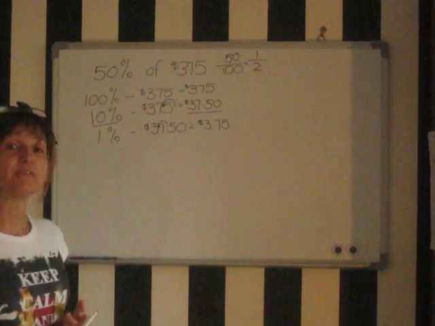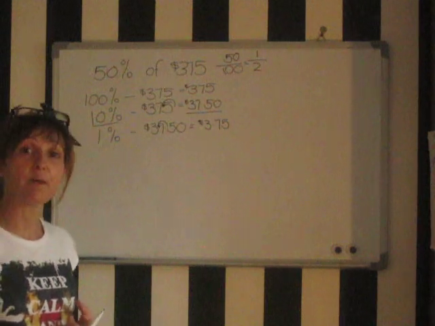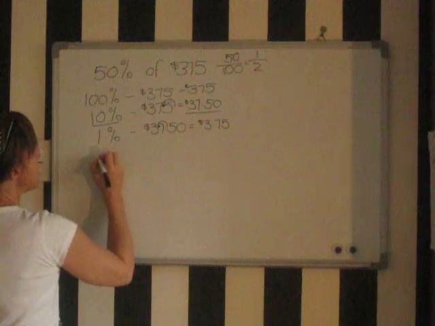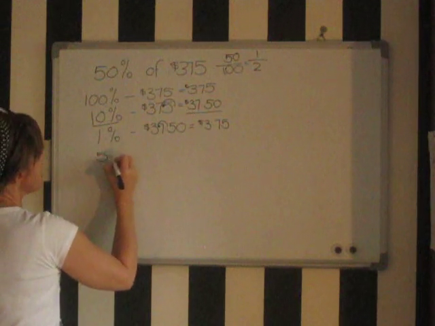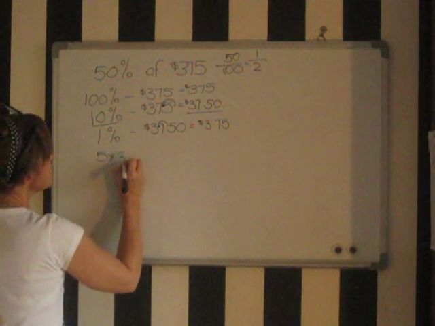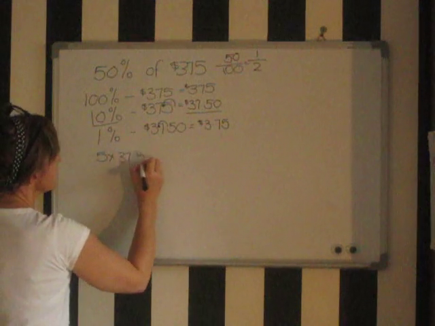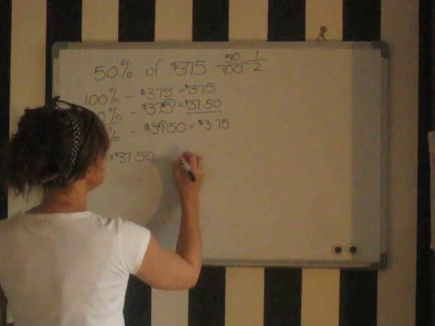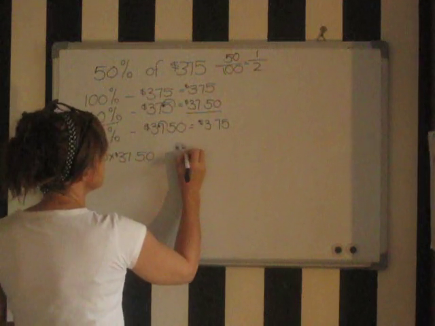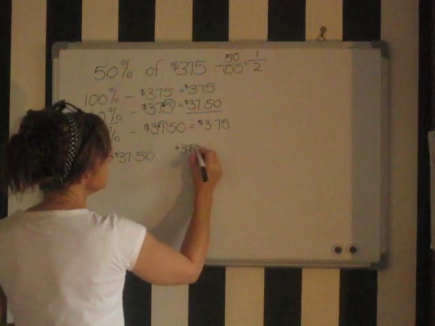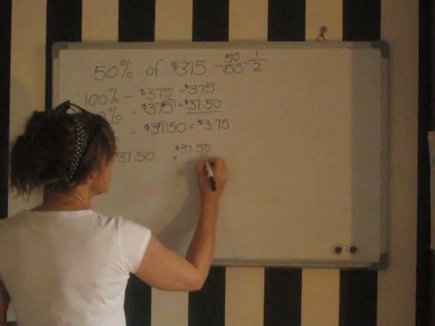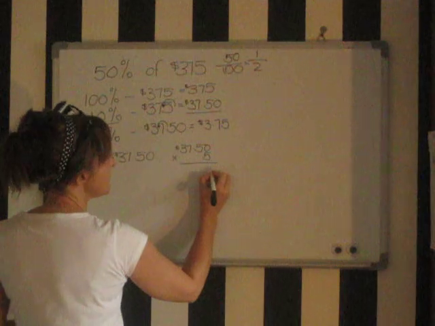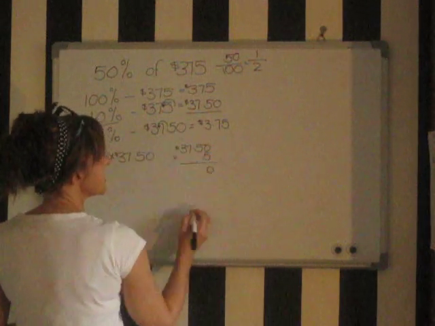Now that we have 10%, all we have to do is times that by 5 to get 50%. So we're going to have 5 times 37.50. Let's work that out over here. So we've got 37.50 times 5. 5 zeros are 0. 5 fives are 25.